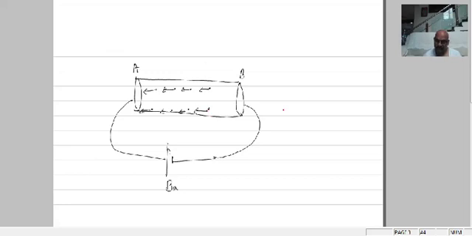If you consider a conductor, this is a conductor, and the current is flowing in this direction. What I am speaking about is the conventional current. So if the current is flowing in that direction, this is the area.